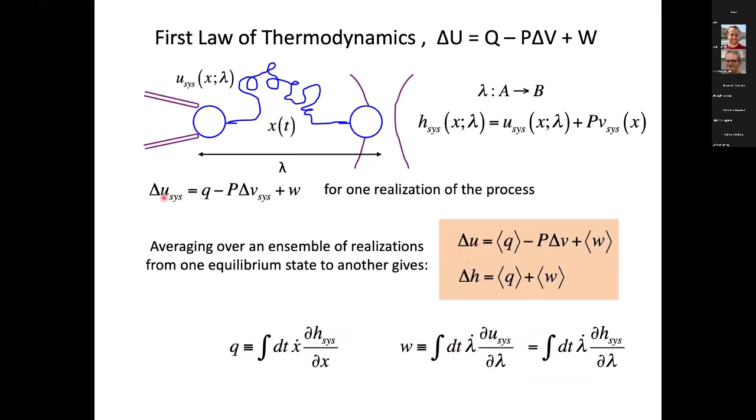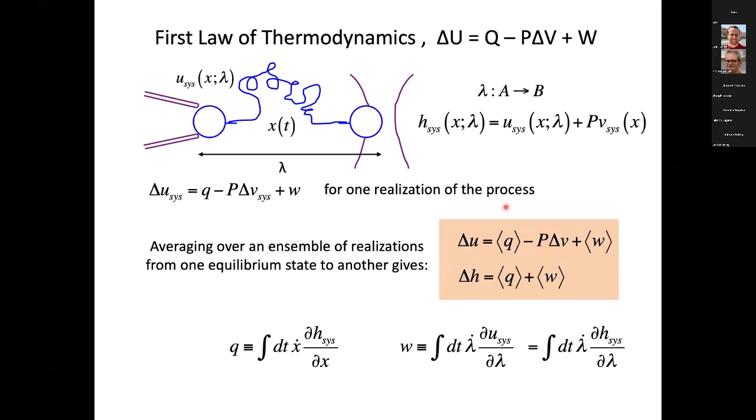So the average of this now just becomes a net change in the equilibrium internal energy between the equilibrium state at A and the equilibrium state at B. And that's equal to Q in angular brackets. This is just the average heat absorbed over many repetitions of the process, minus P times delta V. This is again now a change in the equilibrium volume, plus the work.